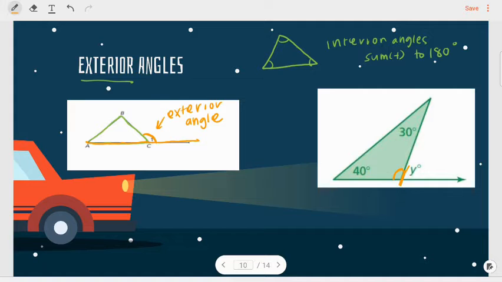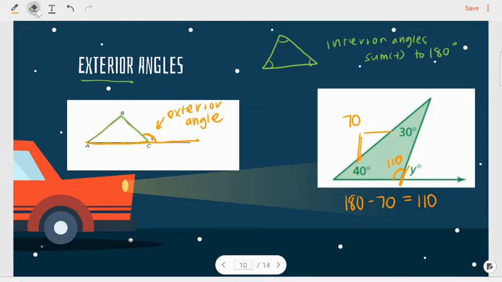If all the angles add up to 180, I'm going to begin by adding the two angles that I do know. 40 plus 30 is 70. Then I'm going to take 180 and subtract 70. That gives me a grand total of 110. So this remaining interior angle is 110.